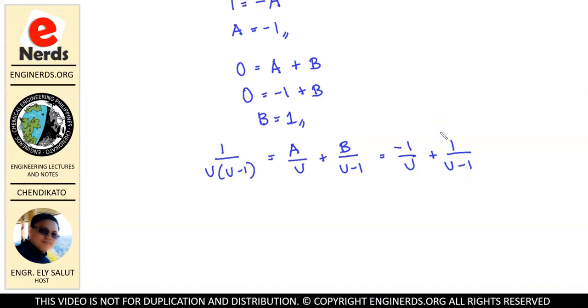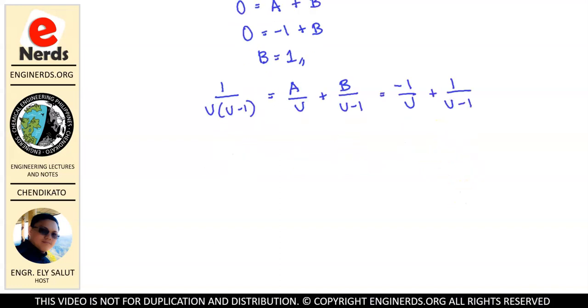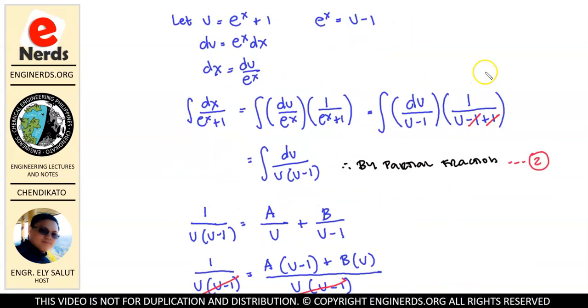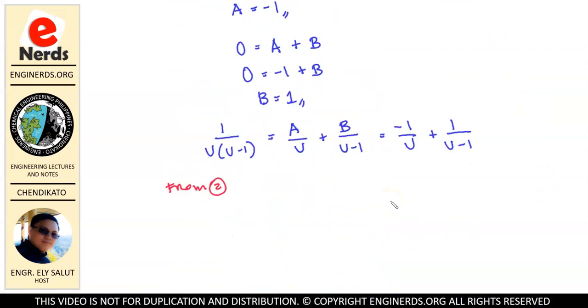Okay, so gamitin natin yung equation number 2 natin. So, from equation number 2, so alam natin yung equation number 2 natin, yung integral nito, di ba? Ito yun. Equation number 2, the integral of du over u times u minus 1.